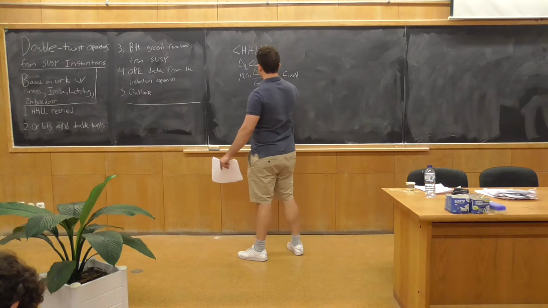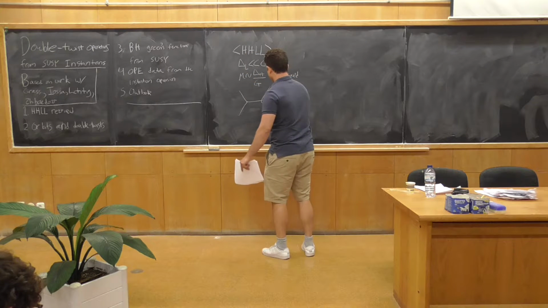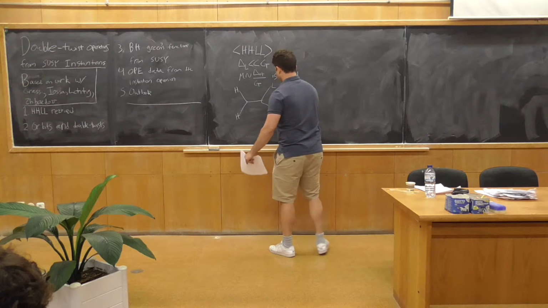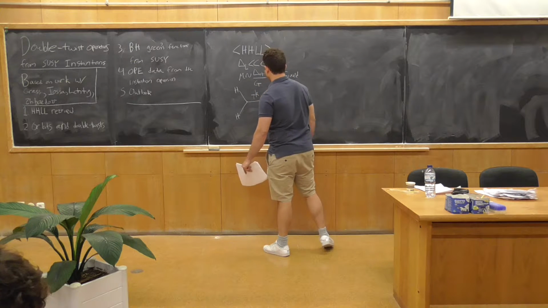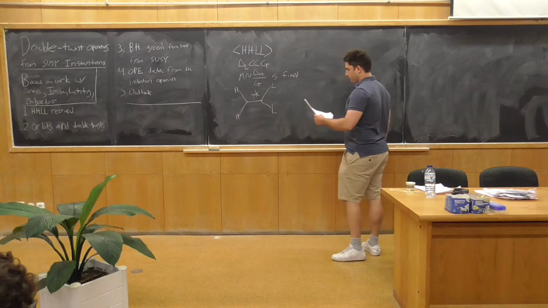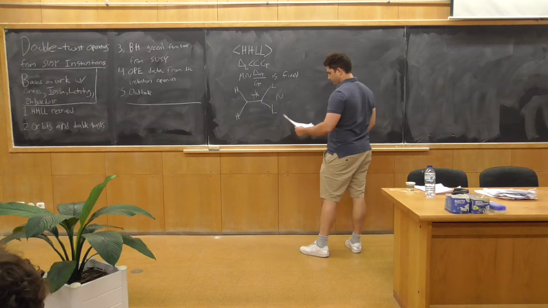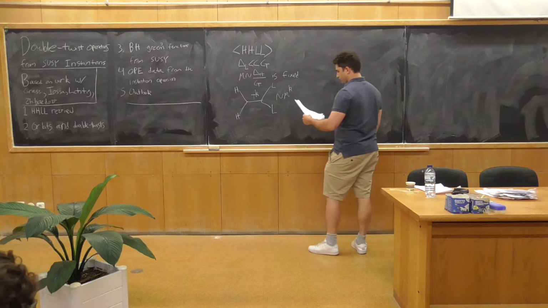So we can expand this in different channels. We have this channel, and in this channel, the operators that appear are powers of the stress tensor, T to the k. If we expand this at small mu, this goes like mu to the k.